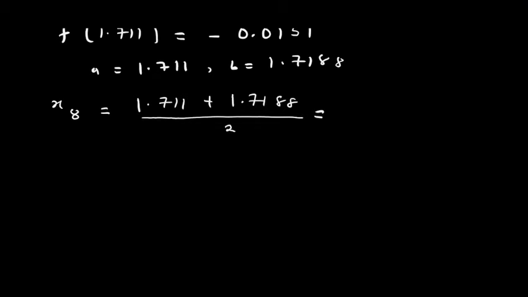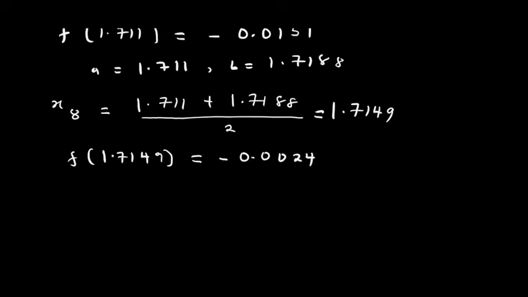This is equal to 1.7149. Then f of 1.7149 is equal to negative 0.0024.